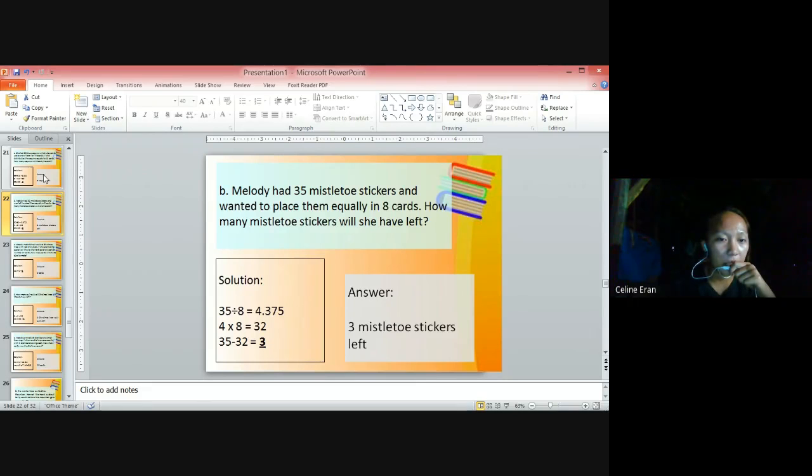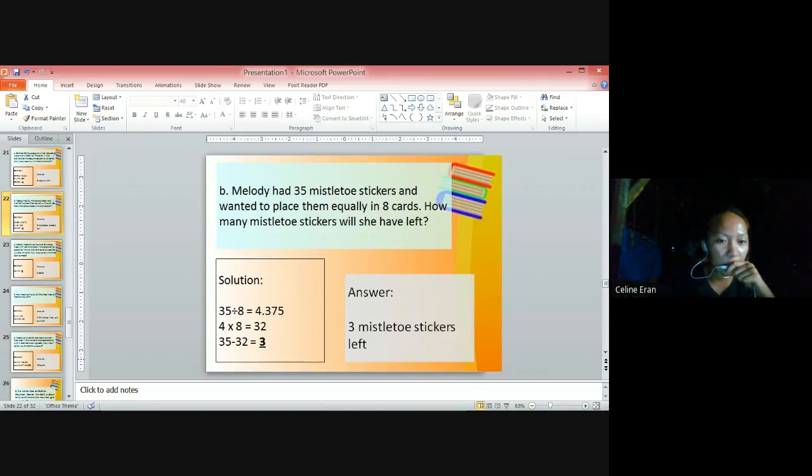B. Melody had 35 Mickey Mouse stickers and wanted to place them equally in 8 cards. How many Mickey Mouse stickers will she have left?